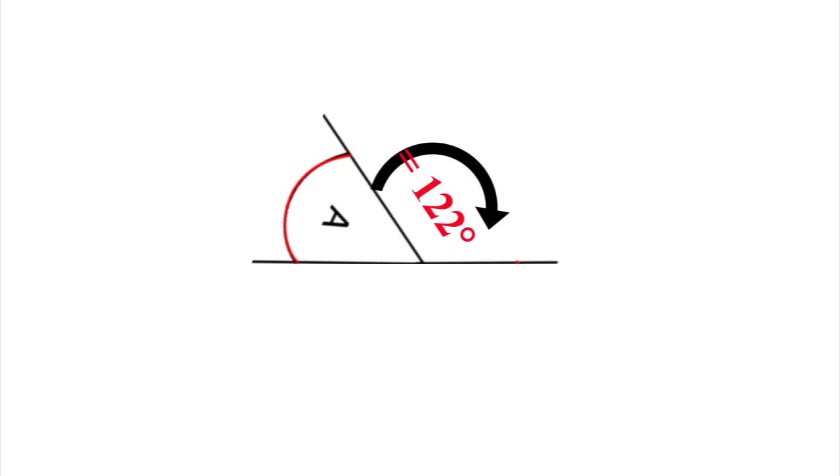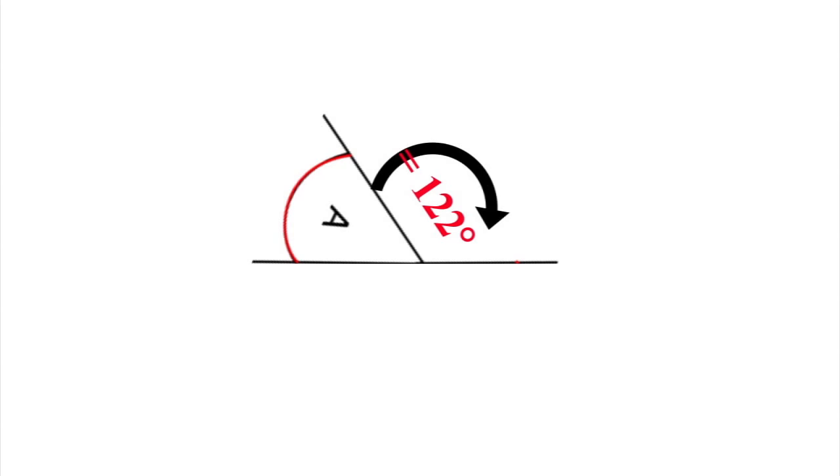So now we've rotated it, we've got our 122 degrees on one side, and on the other side we have our angle A. But again, because this is a straight line, the angle over this flat line is 180 degrees. It's made up of A and 122 degrees.